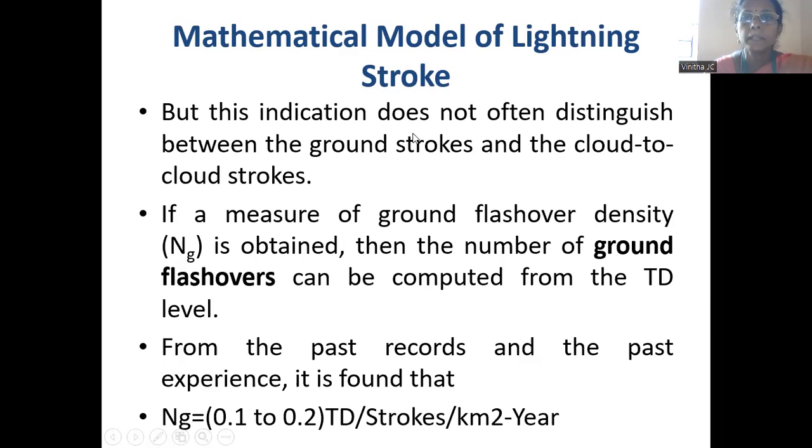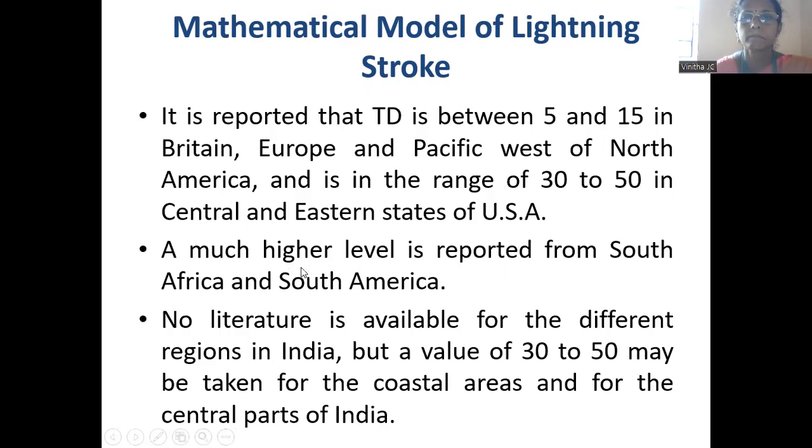And thunderstorm days cannot distinguish between the ground stroke as well as the cloud to cloud strokes. If a measure of ground flashover density Ng is obtained, then the number of ground flashovers can be computed from the thunderstorm level, and from the past records, the value of Ng can be calculated as 0.1 to 0.2 into thunderstorm days per strokes per kilometer square per year. So this is the formula to calculate the number of ground flashovers.